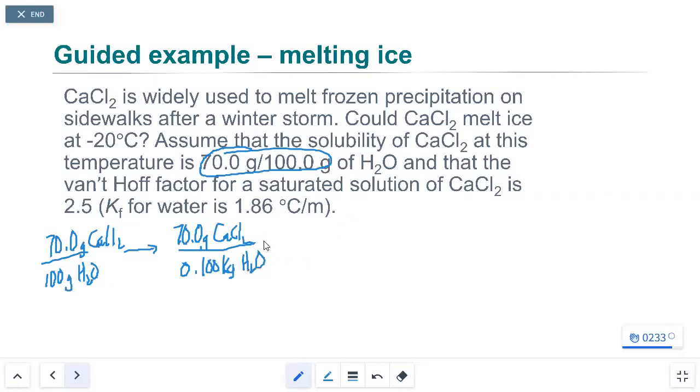And then to turn it into molality, we've got to look at the molar mass of calcium chloride. Calcium is 40.08. Chlorine is 35.45, and there are two of them. So 110.98 grams in 1 mole.